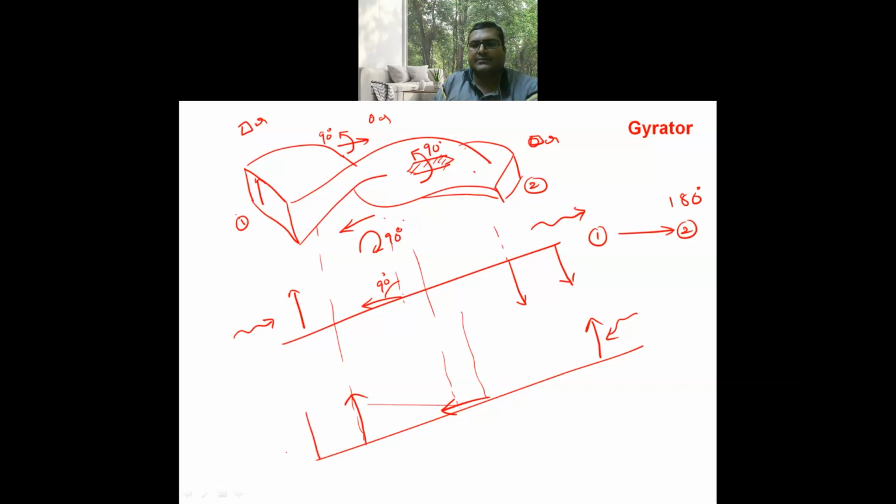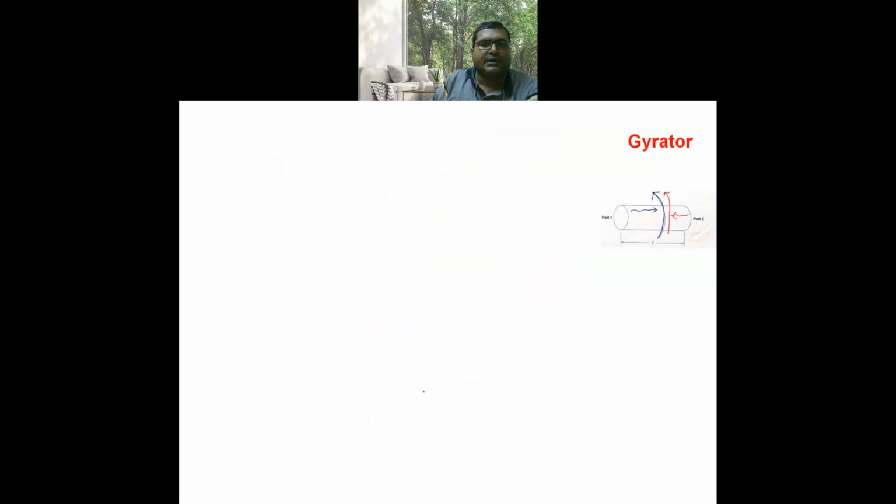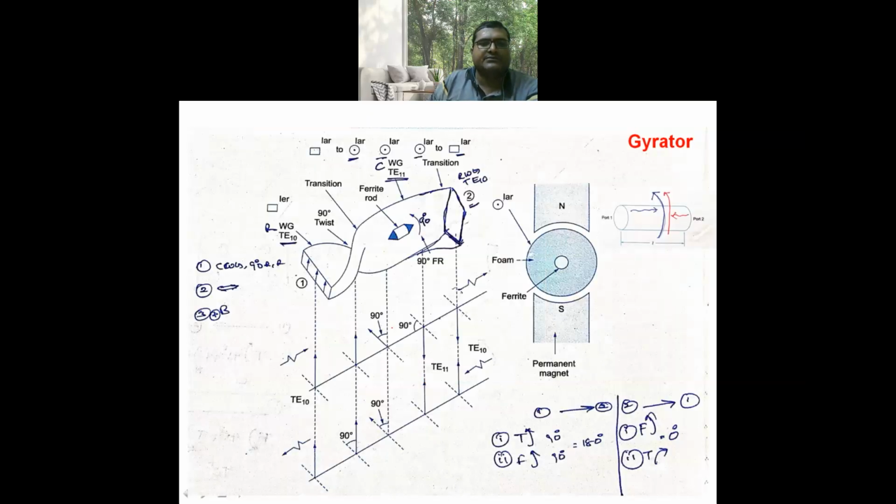At the output of port 1 you will get 0 degrees phase shifted signal. In this fashion, the gyrator offers 180 degrees phase shift from port 1 to port 2, and 0 degrees phase shift from port 2 to port 1. I think you are clear about the operation of gyrator.